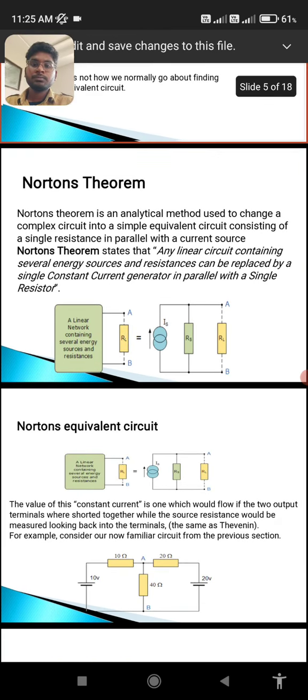Norton's theorem is an analytical method used to change a complex circuit into a simple equivalent circuit consisting of a single resistance in parallel with a current source. Norton's theorem states that any linear circuit containing several energy sources and resistances can be replaced by a single constant current generator in parallel with a single resistor.